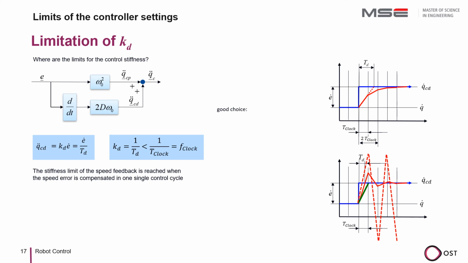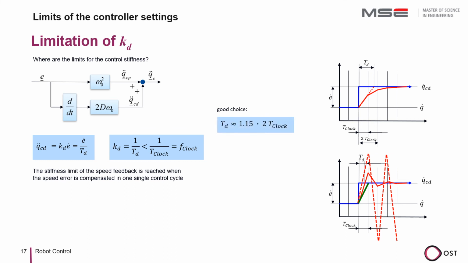The algorithms need time to be calculated, and often the inputs and outputs are triggered almost simultaneously to have a common time pace. This leads to a time delay of up to one control cycle. Further time delays are caused, for example, by the numerical differentiation of the position signal. It therefore makes sense to start from twice the value of the control cycle and to add a small safety factor.